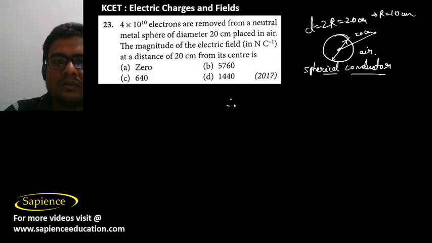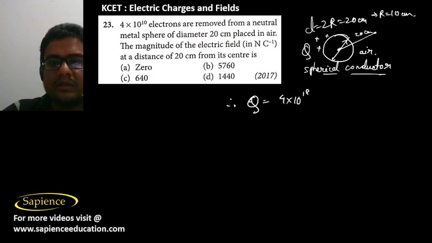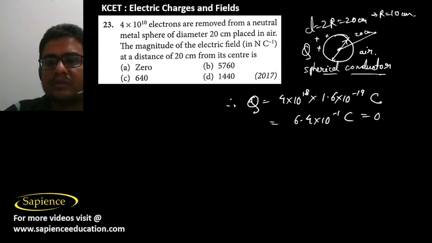Therefore, you have to find how much is the charge. 10 power 10 electrons are removed, so the charge is positive. Q will be 4 into 10 power 10 into 1.6 into 10 power minus 19, which is 6.4 into 10 power minus 9 coulomb.